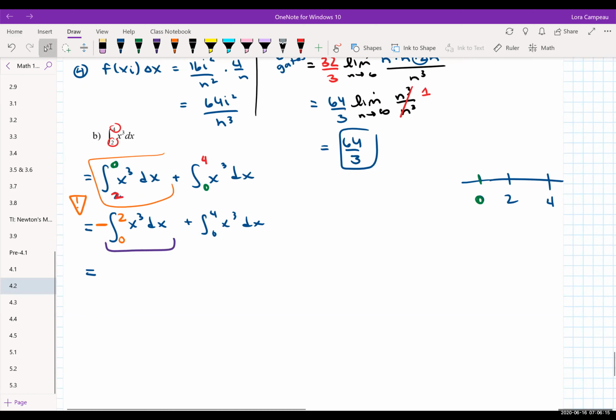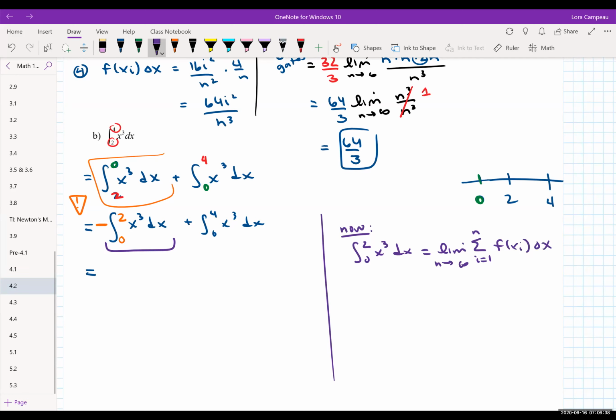We're going to come back because it's a sum of 2 integrals. So, the integral from 0 to 2 of x cubed dx. That's nice because we have the limit definition: the limit as n approaches infinity of the summation, i equals 1 to n, f of x of i times delta x.